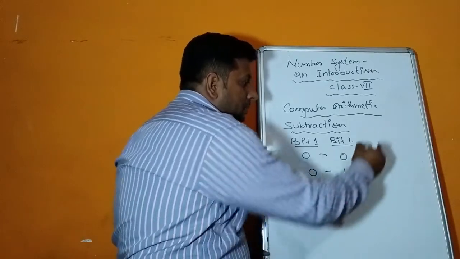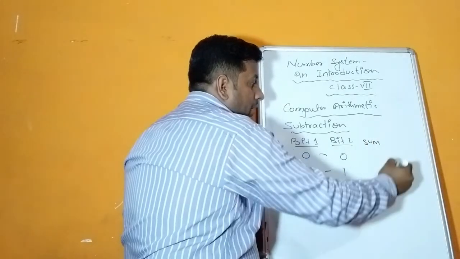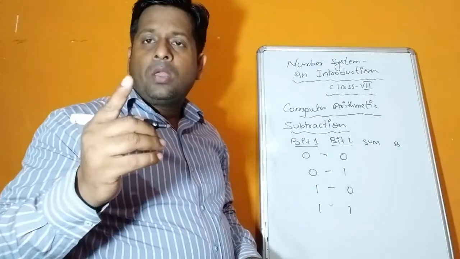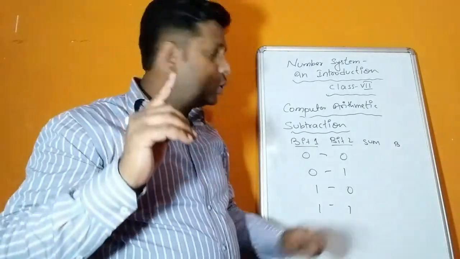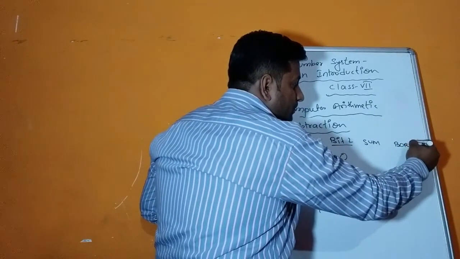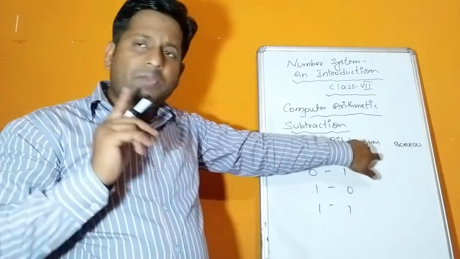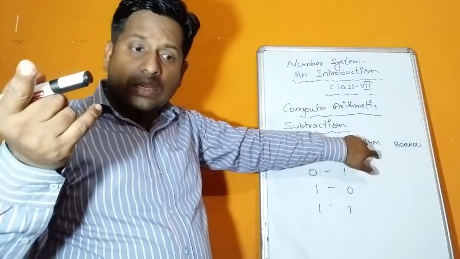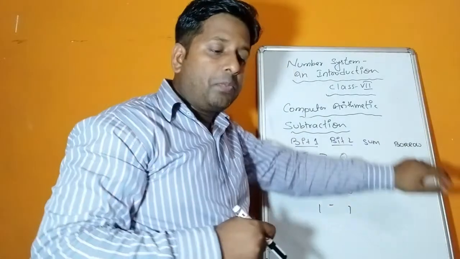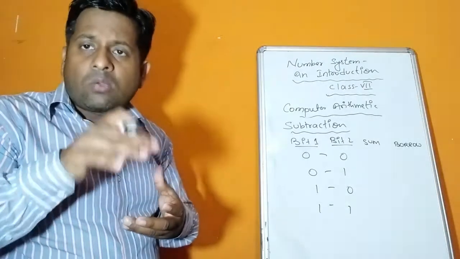The minus sign will be there, and here we'll have the difference, and here borrow. In binary addition we wrote sum and carry, but here I'm not writing carry. In place of carry, I'm writing borrow. So you can see the difference: in addition there was sum and carry, but now we have difference and borrow. That means we need to borrow bits when required.